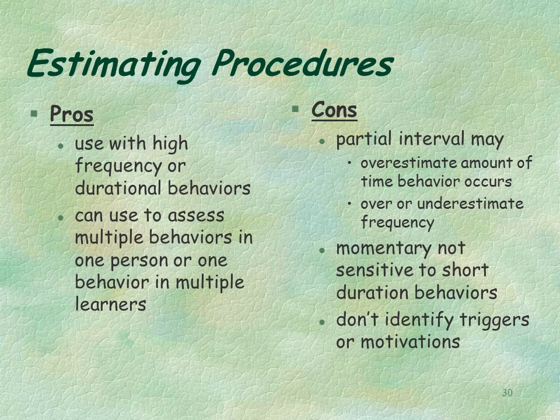So you've got to pick the right tool. Momentary time sampling is not good with very short duration behaviors. It will not give a good estimate of those. So it's more for something that you're really concerned with how long it lasts. Like the other methods, these do not give you information on triggers, on antecedents and consequences.